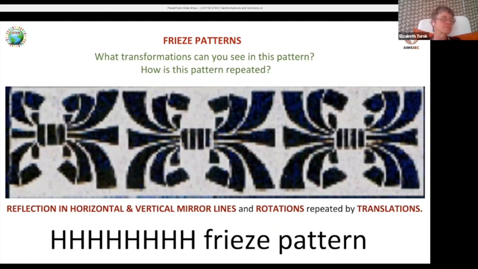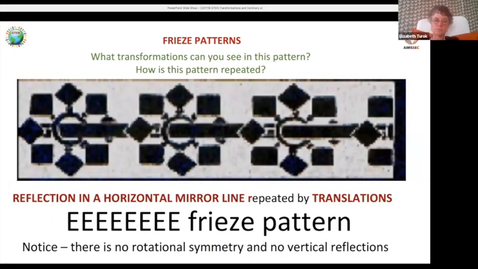As I've just been saying, it doesn't matter what the basic motif is, it's the way it's repeated that's of interest here. Now, this one is like the letter E. When you look at it, it hasn't got any vertical mirror line, because the right side is slightly different from the left side of the design.